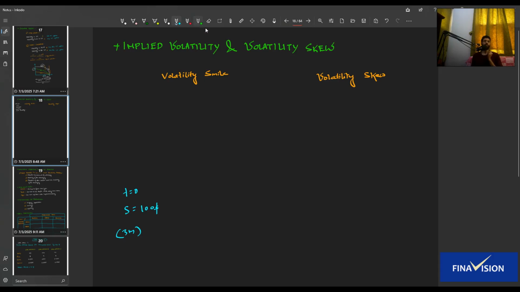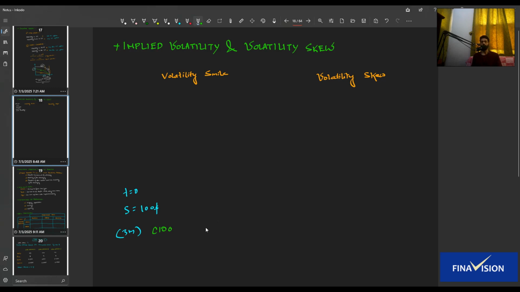Let's say a series of call options we are trying to understand. The first call option that we look at is the ATM call option, C100. We are trying to understand its premium. I'll write the premium numbers later, but let me write the series of options that we are looking at. First, the ATM option, which is the call option at 100 strike, 3 months expiry.